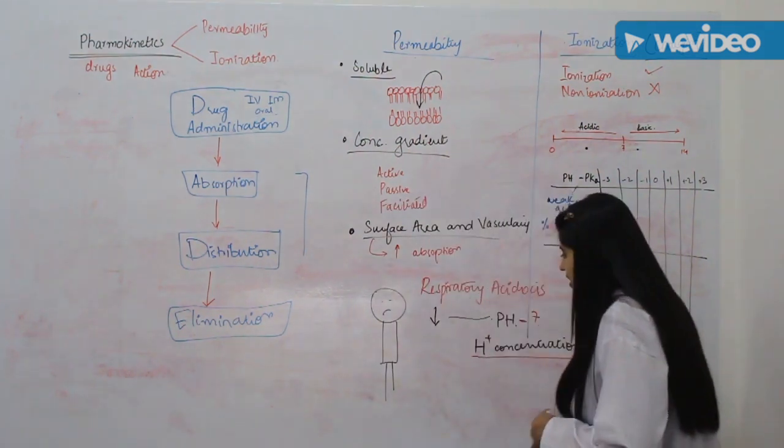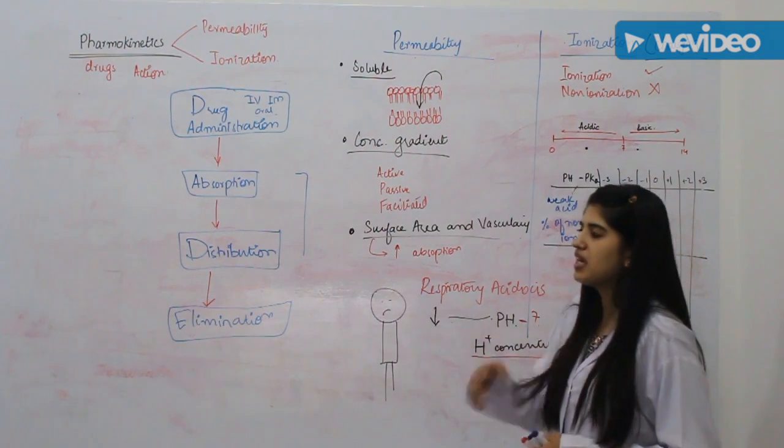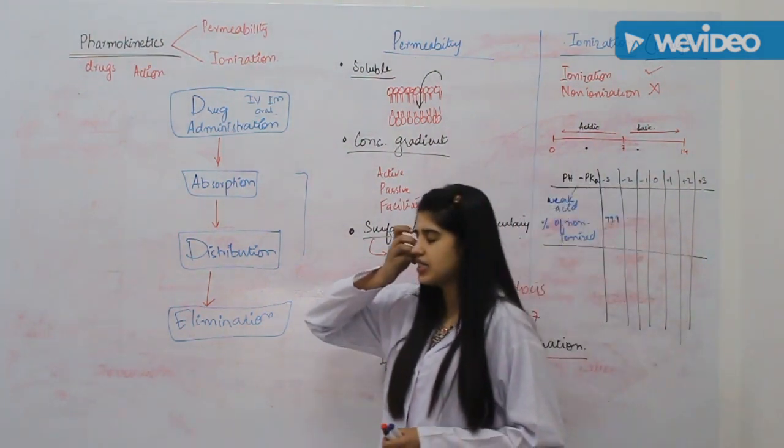Okay. Now second thing, what is the pKa? pKa and pKb. There is the whole thing in enzymatic kinetics.